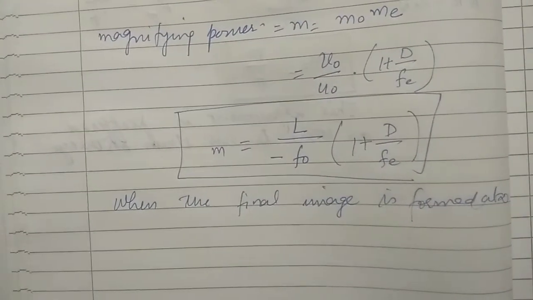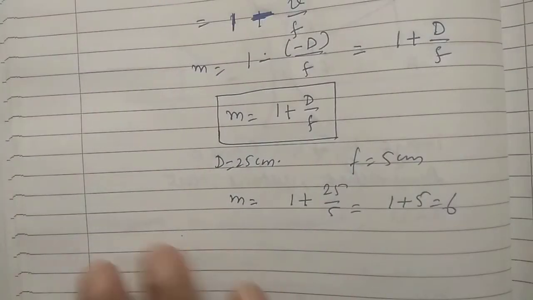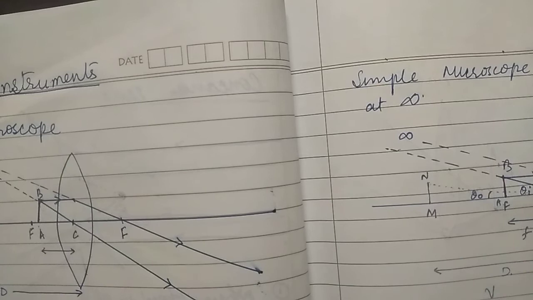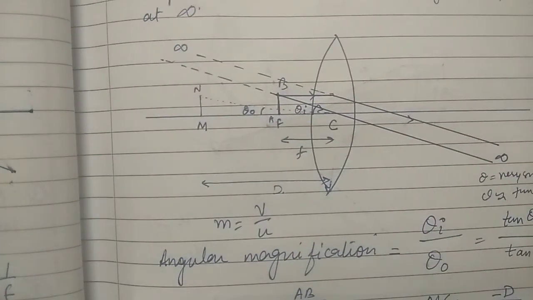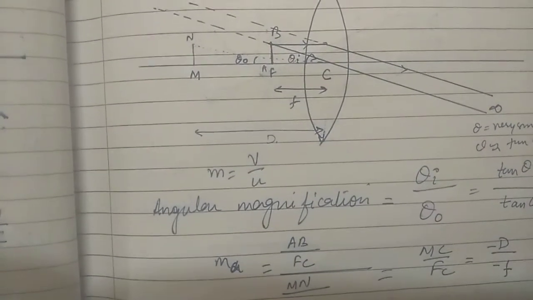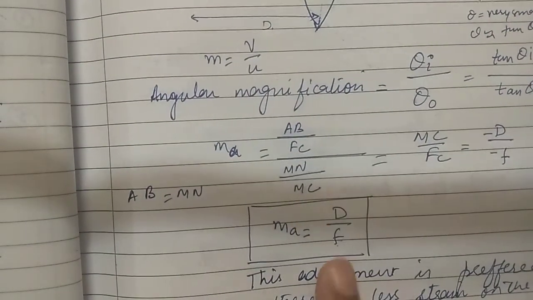We have already discussed that case. When the object is at the focus, the image is formed at infinity, and in that case the magnification is D over F. So that we have already discussed.